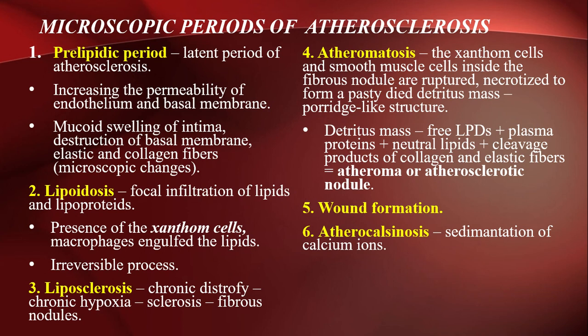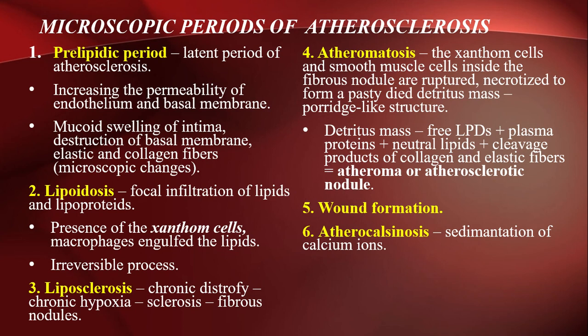Third period, liposclerosis, where they continue to chronic dystrophy, chronic hypoxia, sclerosis, and formation of the fibrous nodules. Fourth period, atheromatosis: the xanthoma cells, the macrophages that engulf the lipids, and the smooth muscle cells inside the fibrous nodule are ruptured and necrotized to form a pasty detritus mass with a porridge-like structure.